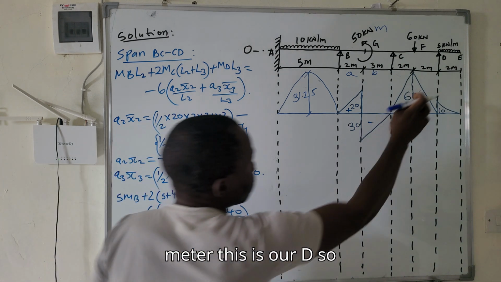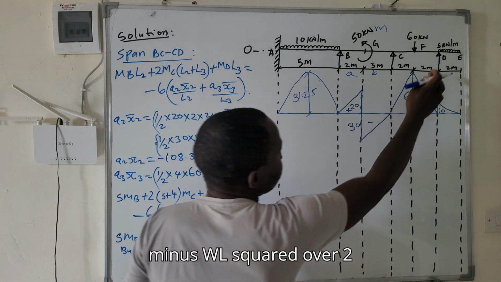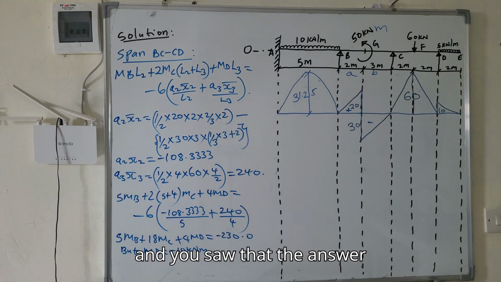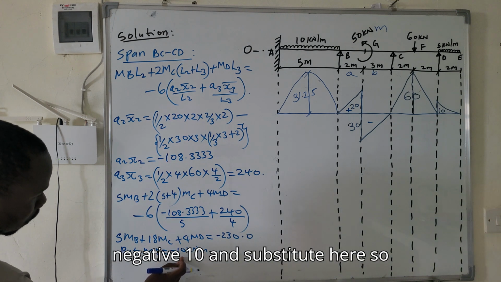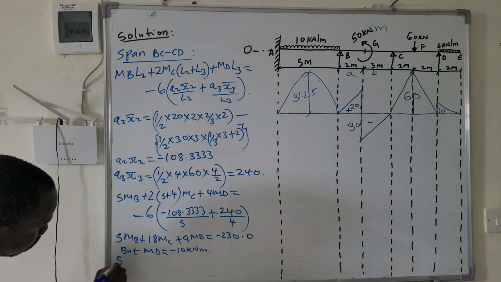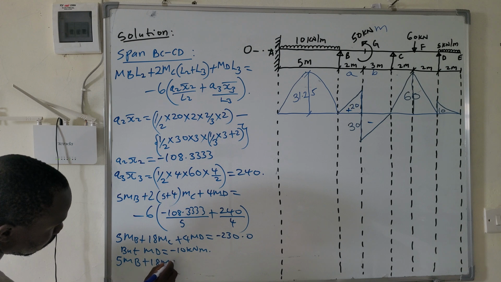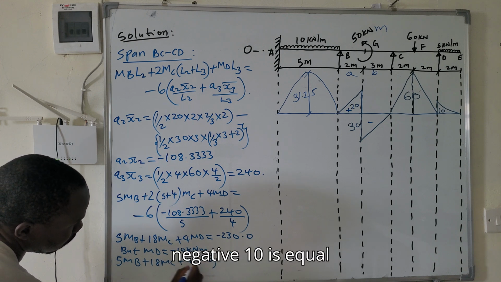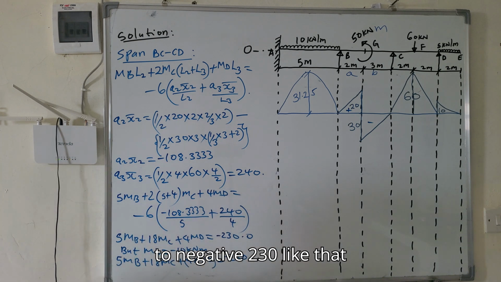This is our D. So MD here is minus WL squared over 2, and you saw that the answer was negative 10. So we will take this negative 10 and substitute here. So we'll have 5 MB plus 18 MC plus 4 times negative 10 is equal to negative 230, like that.